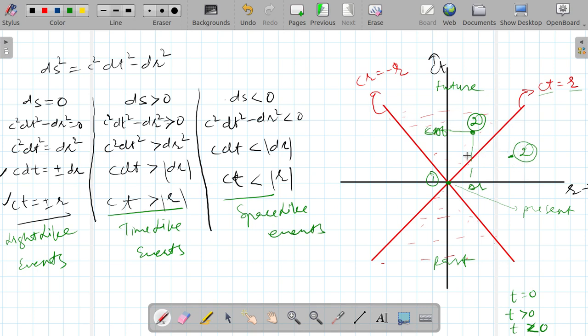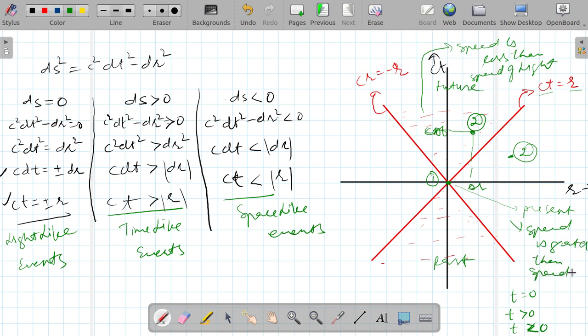So in this region the speed is less than the speed of light, and in this region the speed is greater than the speed of light.